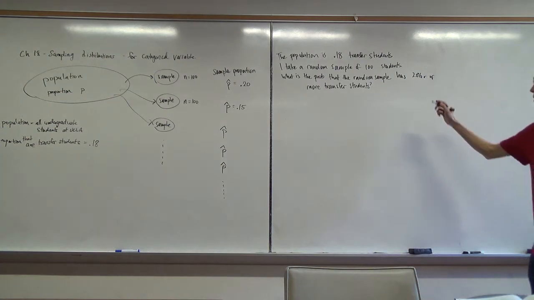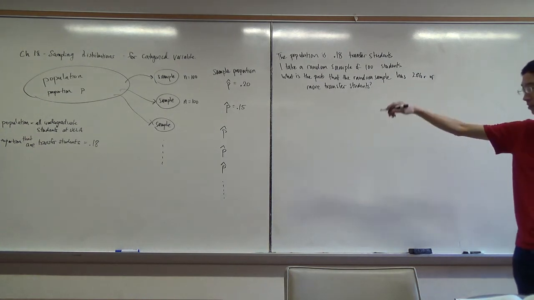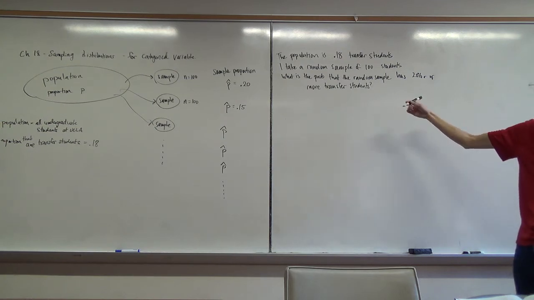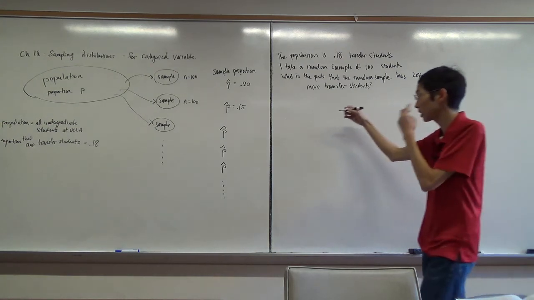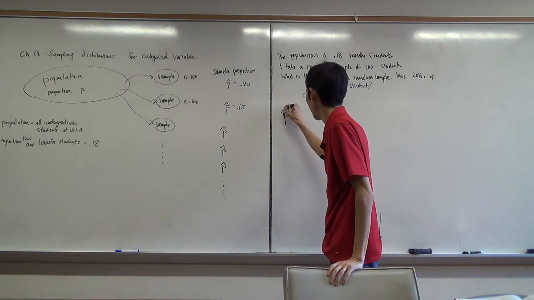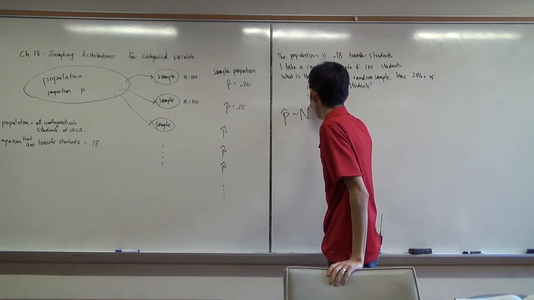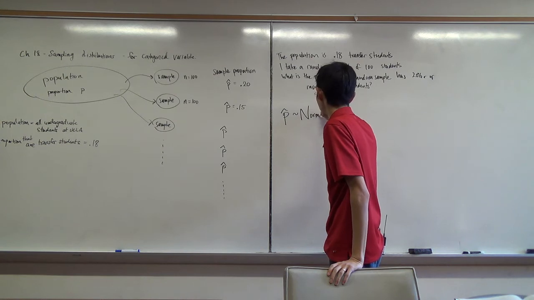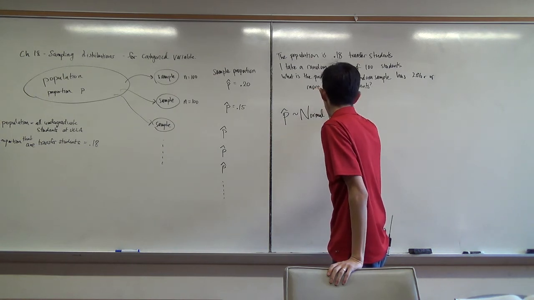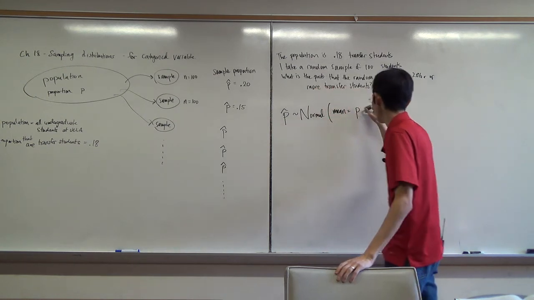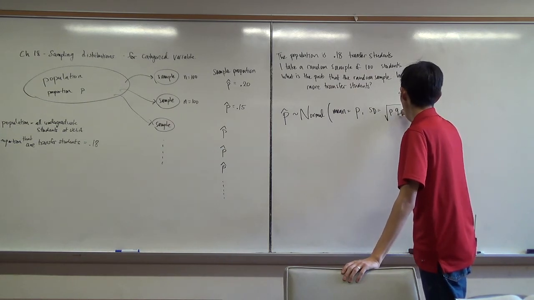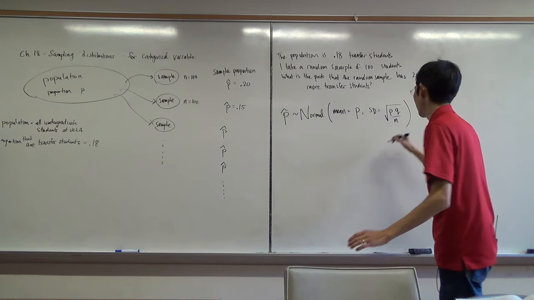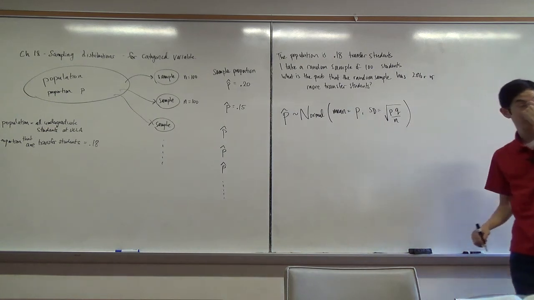Okay. So again, this is not a question about the population, it's a question about a random sample. And so we're talking about the distribution of p hat. P hat comes from a normal distribution. The mean is going to be p, and the standard deviation is going to be the square root of p times q over n, or p times 1 minus p over n.